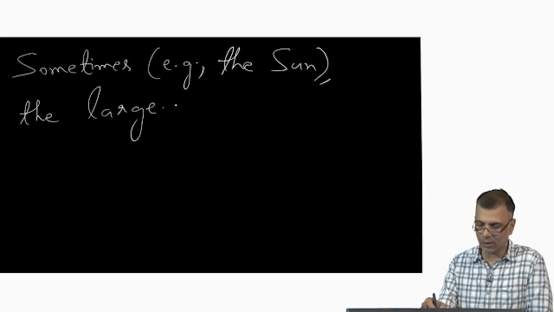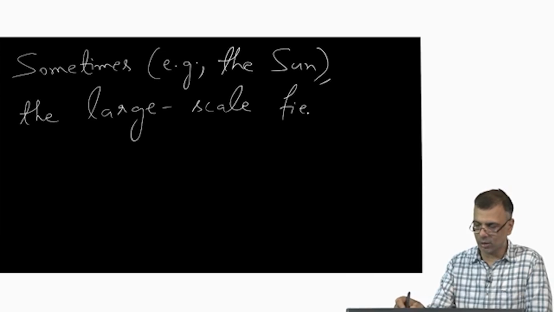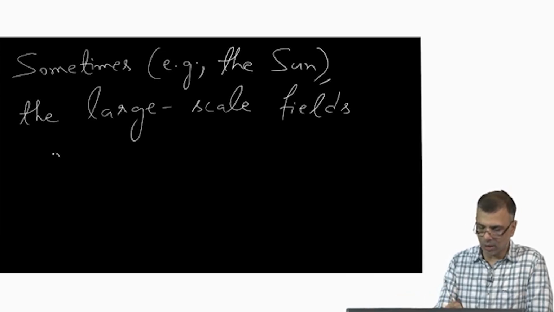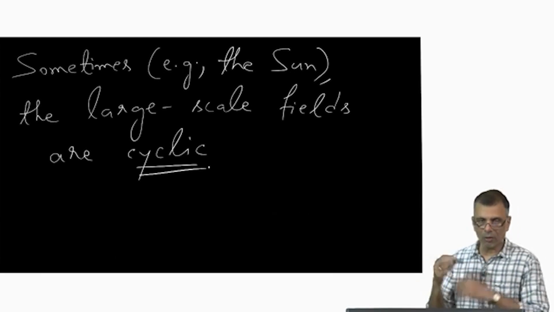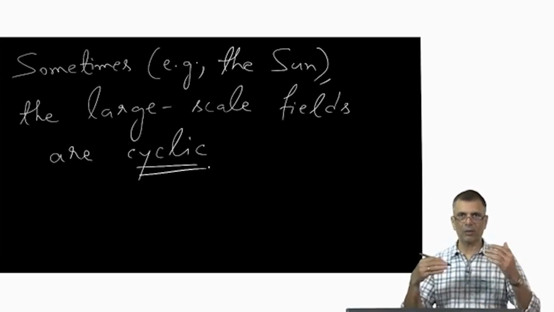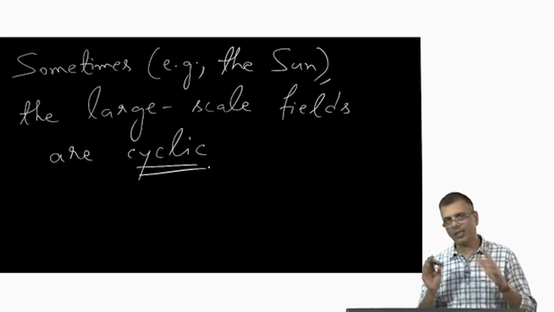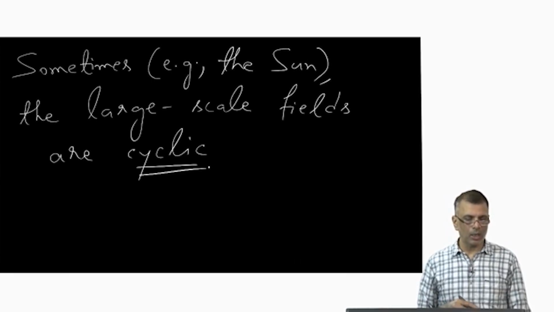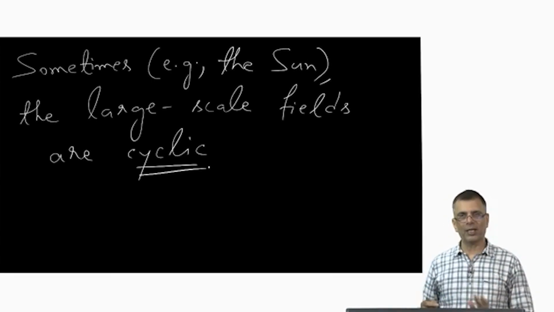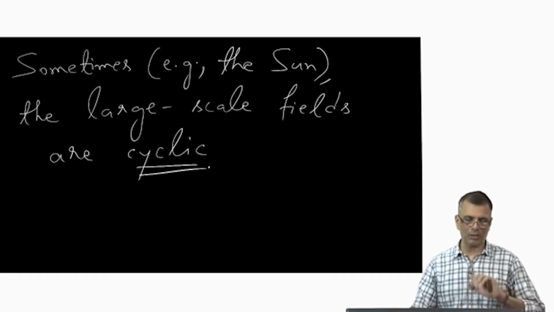In other words, the large scale fields are cyclic in time. They grow, then they die, they grow again, and they die again. That's another complication, and we will not get so much into that.